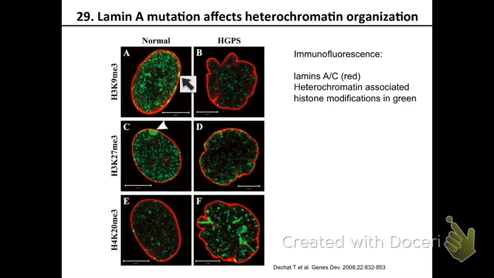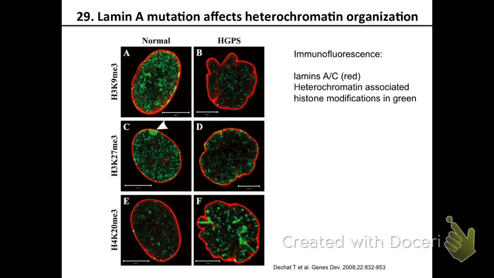So you don't have as much heterochromatin, and the heterochromatin that is overlapping, that is kind of tethered to the nuclear envelope, you no longer see this, okay? So that is causing a problem in the heterochromatin formation. And that's also true for other kinds of heterochromatin marks, although not as dramatic as this certain heterochromatin mark.